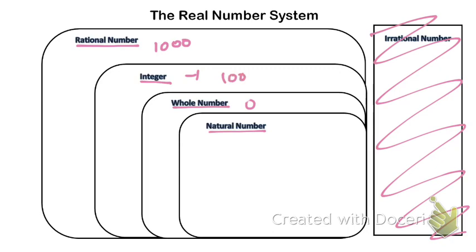It is also an integer. It could be on the number line. It's also a whole number. And it's also a natural number. We can count to 1,000. So it stops at 1,000. That is the last place that you would write it. So it's in all of those categories. Think of it as passing another level. You have to go through rational first. If you pass that level, then you can go to integer, then whole, and then natural.